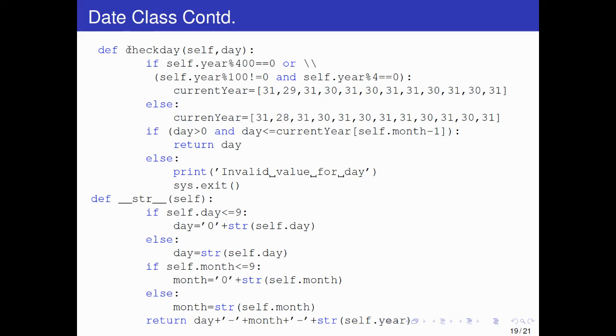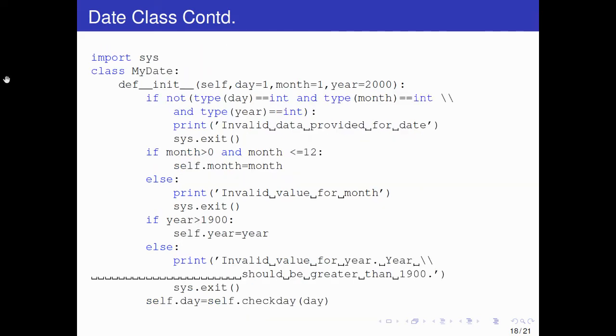It has the variable day, and it checks whether the year is a leap year. If the year is a leap year, then it checks how many days a month has, so based on leap years we have divided it into two parts. If you write that a month has 50 days, or 35 days, you cannot. So this checks whether you are entering the correct number of days or date.